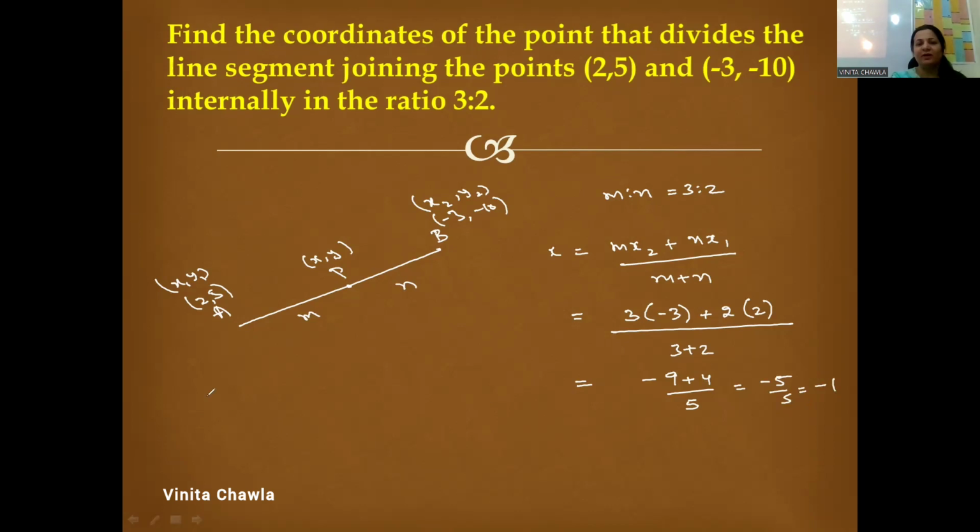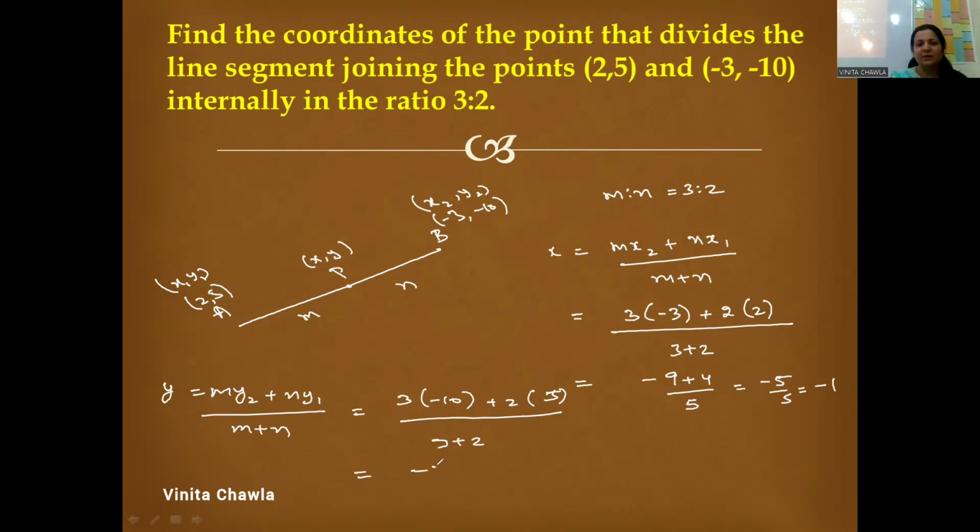So similarly, we can find y coordinate. Y coordinate is (m y2 plus n y1) upon (m plus n). Put the values and get the answer. 3 into minus 10 plus 2 into y1, which is 5, divided by 3 plus 2.